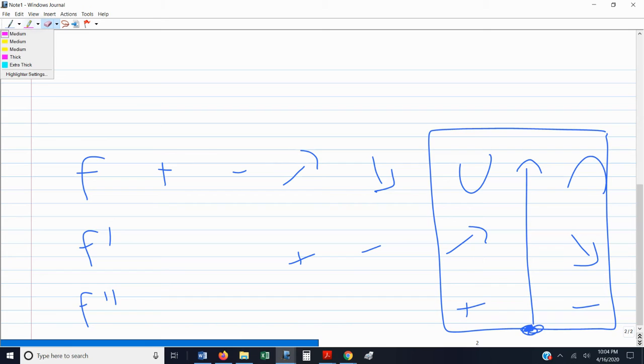The original function would be changing from smiley face to frowny face. At an inflection point, what is f prime doing? F prime is changing from increasing to decreasing, and at an inflection point, what is the second derivative doing? The second derivative would be changing from positive to negative.